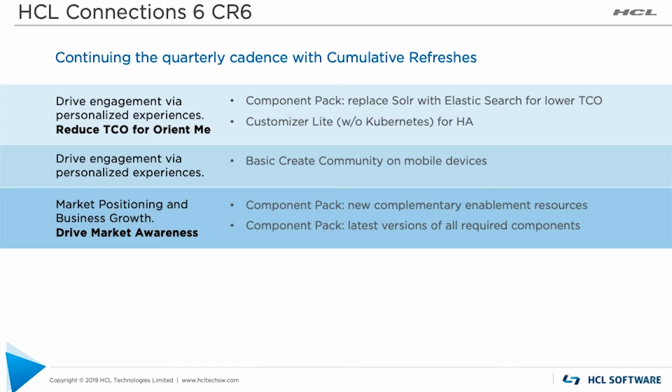We used Elasticsearch before, and for a while we've been using both Solar and Elasticsearch. Now we unified everything on Elasticsearch, so this makes it easier to install, maintain, etc. So that will lower the total cost of ownership for our customers and partners.